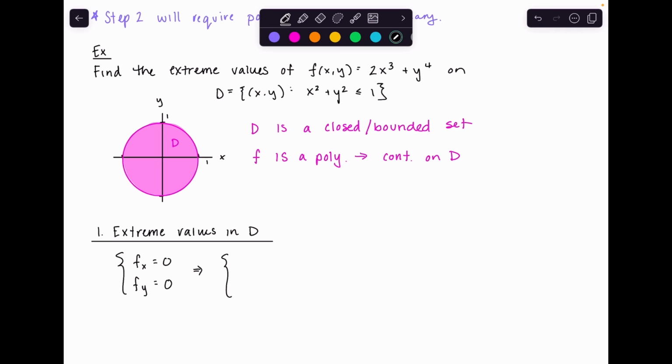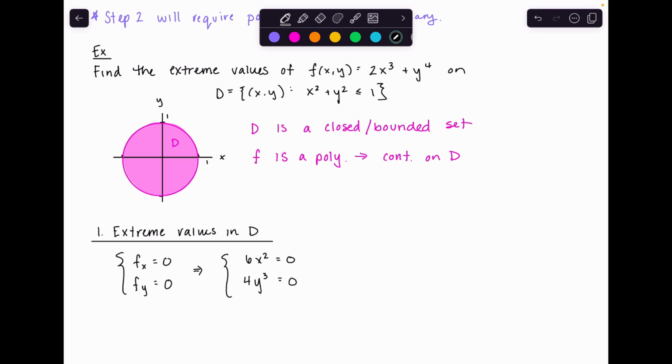Well, if I take the partial with respect to x, that's just this piece, so it ends up being 6x squared. So we need that to equal 0. And then if I take the partial with respect to y, it is just going to be 4y cubed. Okay. The only way both of these equations will be 0, for the first one, I would need x to be 0.